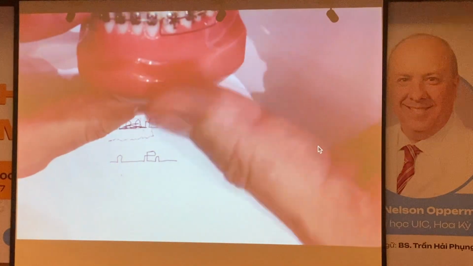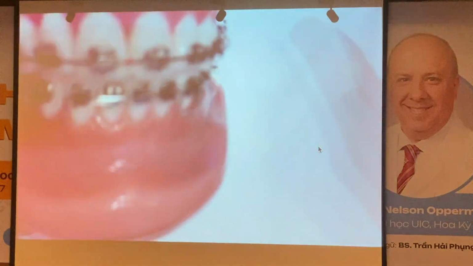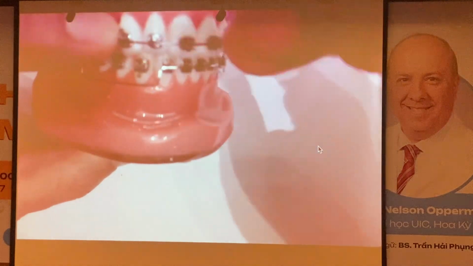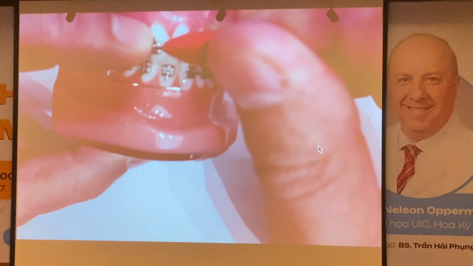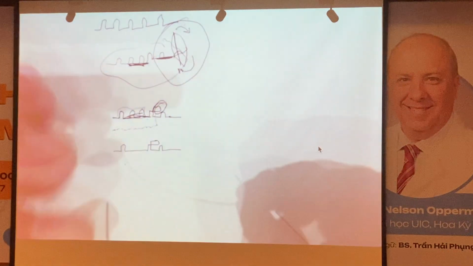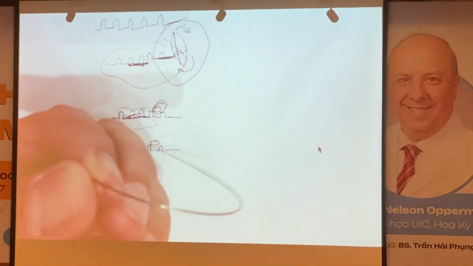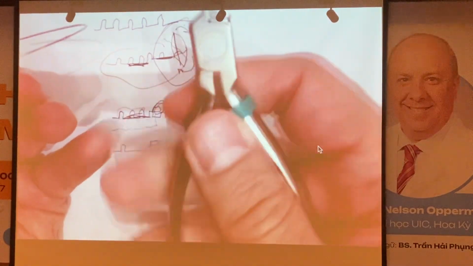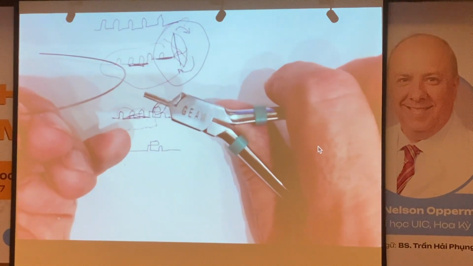So let's do it. So you can do with the loop, this wire here, a loop between lateral and canine. So I recommend you to have the Gial plier number 1, which is the most common.